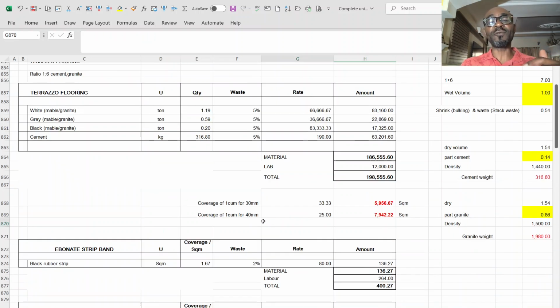So now, even if you want to get the cost for, say, a 50 mm thick, what you needed to do now is just divide this by 0.05.